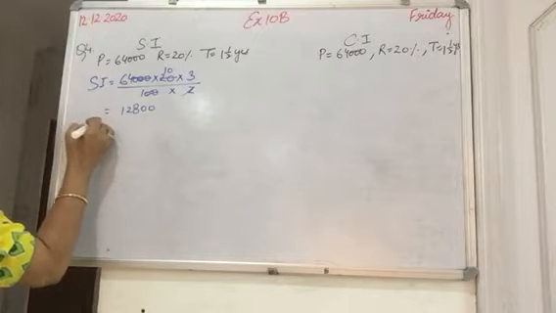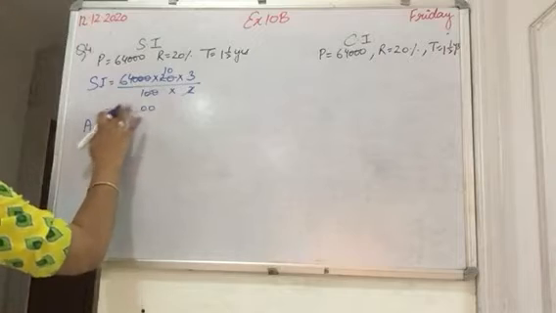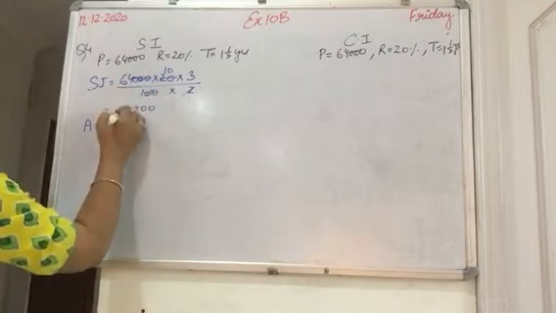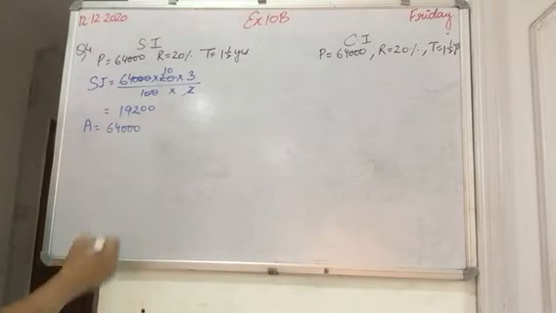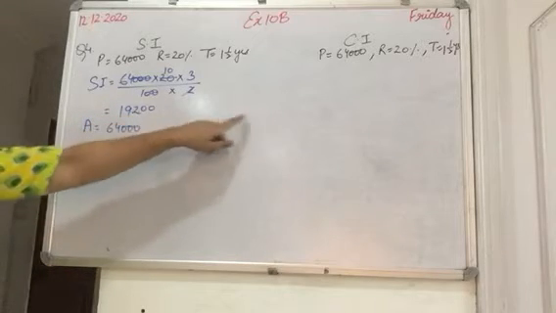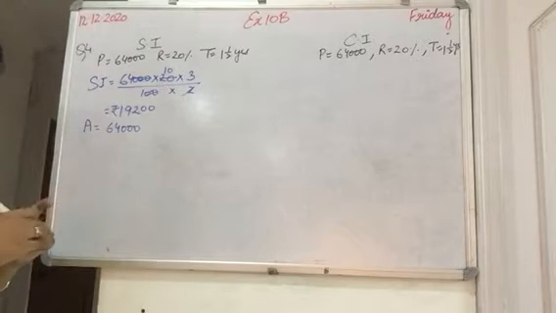So 4 3s are 12, 2 carry 1, 6 3s are 18, 192. 6400. Okay, you have to find the difference between CI and SI, so this will be the answer only. No need to calculate the amount.